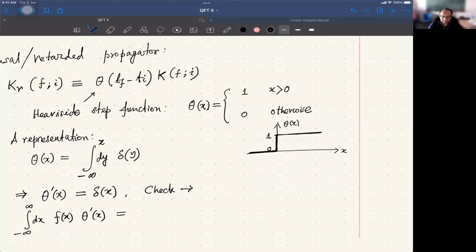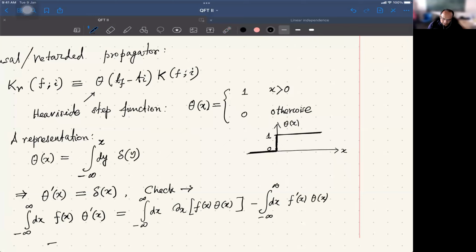What you can do is to write this as the integral dx from minus infinity to plus infinity of d/dx of f of x theta of x, minus the integral dx from minus infinity to plus infinity of f prime of x times theta of x.